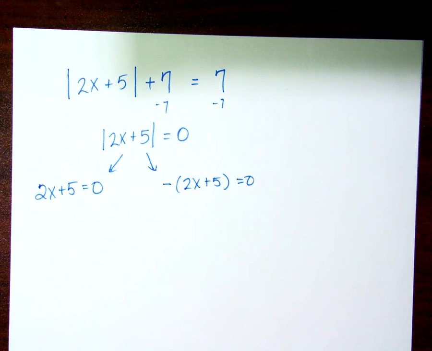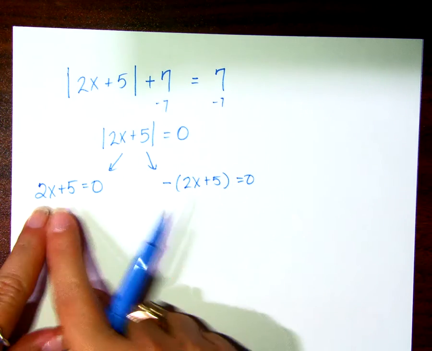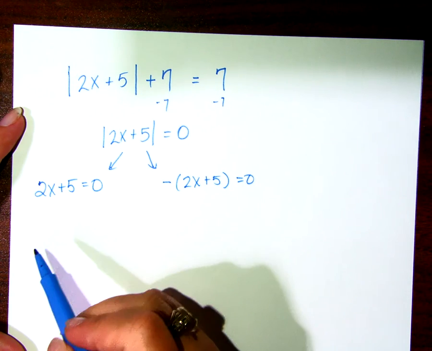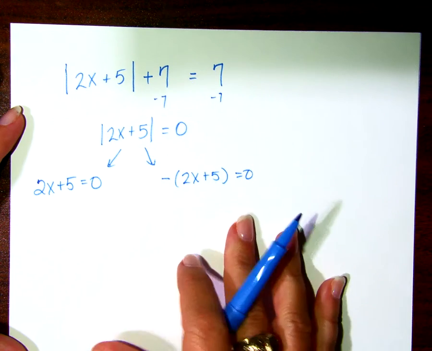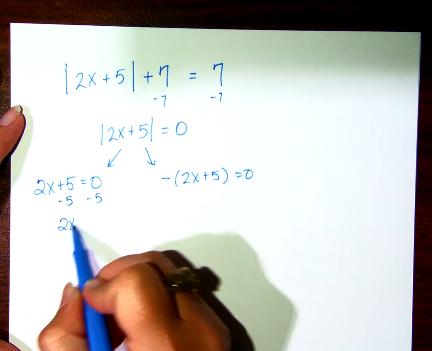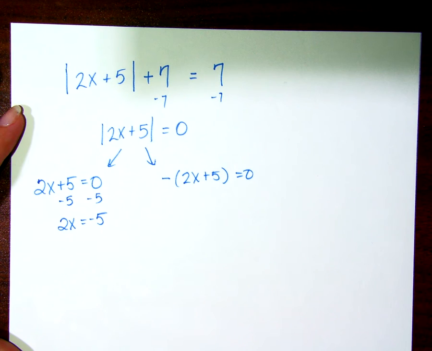Right? What's wrong? Okay, so far? I wrote the positive part, I wrote the negative part, right? Okay, so how are we going to solve this side? Subtract 5, okay. 2x equals -5.